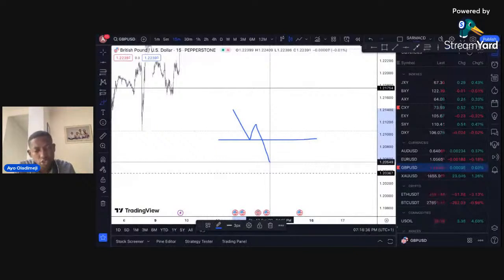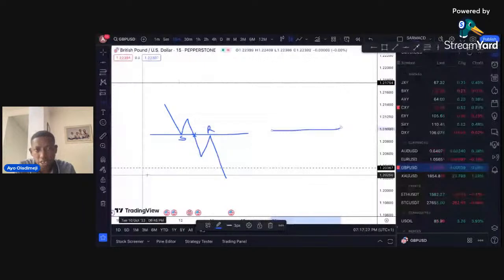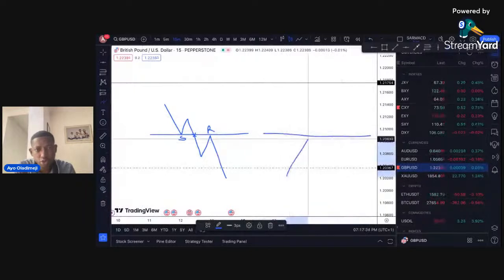So similarly, when it's a resistance and price breaks through a resistance to the upside, okay, we have a scenario like this: price is coming up, it's supposed to resist and come down, right? That's the resistance. But if price breaks through that resistance, when next it comes back to that area, that area becomes a support, and then it continues to buy.